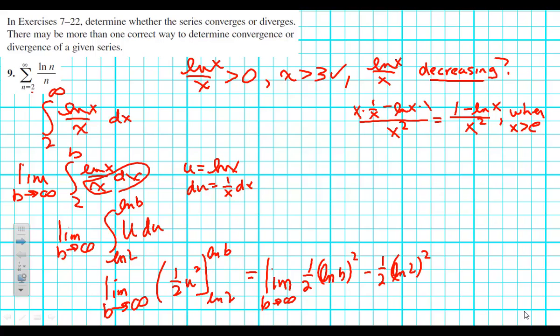Now let's ask ourselves, what happens when b goes to infinity? Natural log of b goes to infinity. Infinity squared is infinity. So I got a big old infinity coming out of this area. What do I got here? I don't know what it is, but it's finite.